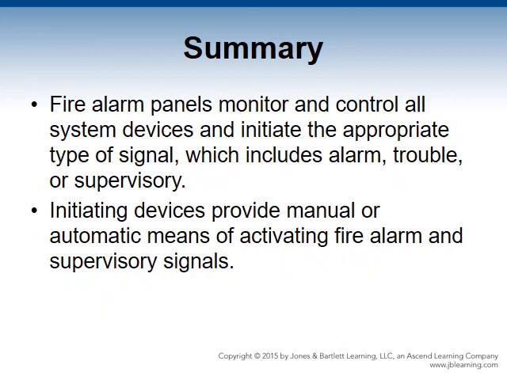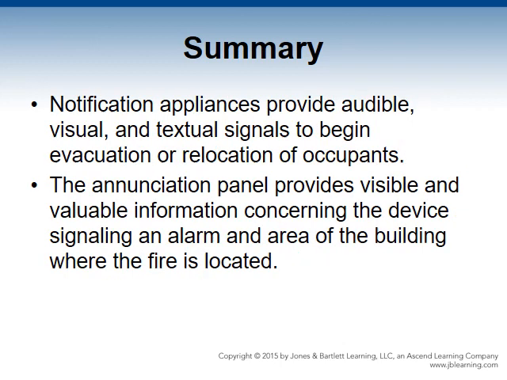Fire alarm panels monitor and control all system devices. Devices initiate the appropriate type of signal, which includes alarm, trouble, or supervisory. Initiating devices provide manual or automatic means of activating fire alarms and supervisory signals. Finally, notification appliances provide audible, visual, and textual signals to begin evacuation or relocation of occupants.